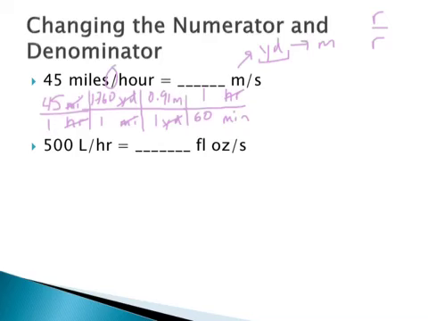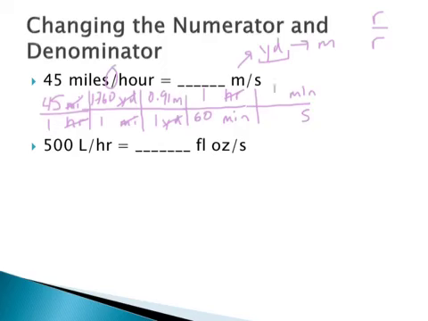And the last thing I want to do is get from minutes to seconds. So again, minutes is in the denominator. So to get rid of it, I need minutes in the numerator. And I want to go to seconds. Seconds in the denominator. So I'm going to take minutes and put seconds in the denominator. How many seconds are in a minute?